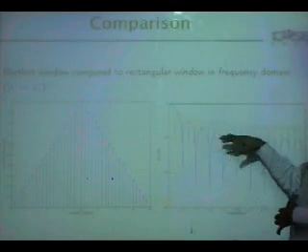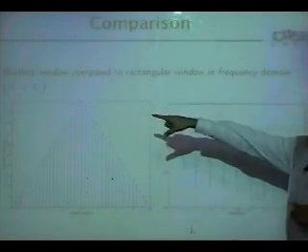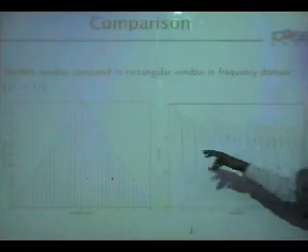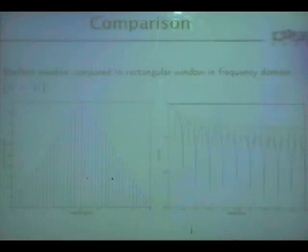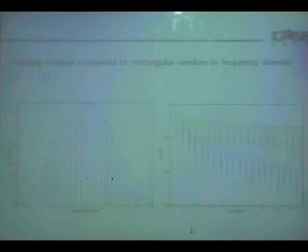If you are more concerned with the rejection, you use the triangular window. You can always increase length to get better performance with a triangular window as well. But for the same length, a triangular window is better than a rectangular window as far as stop band rejection is concerned. Similarly, here is a comparison of a Hanning window with a rectangular window.